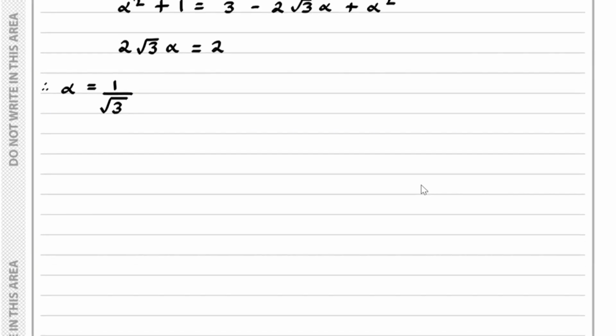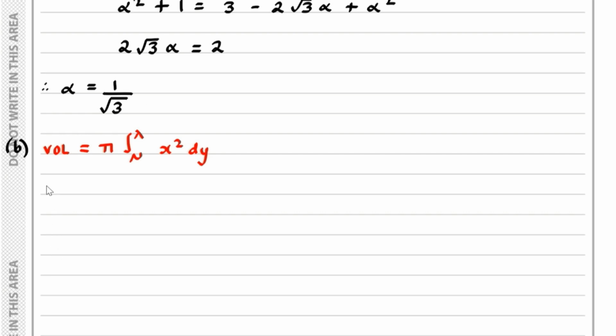So for part B, the volume is equal to pi times the integral from mu to lambda of x squared dy. We're rotating about the y-axis by 2 pi radians.